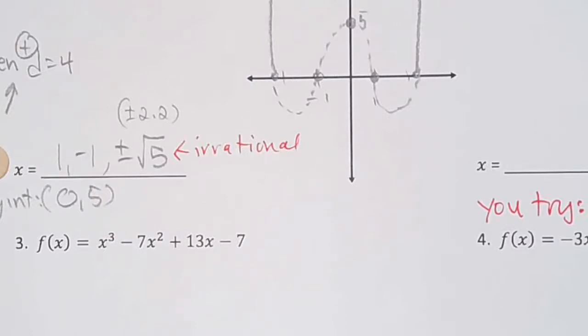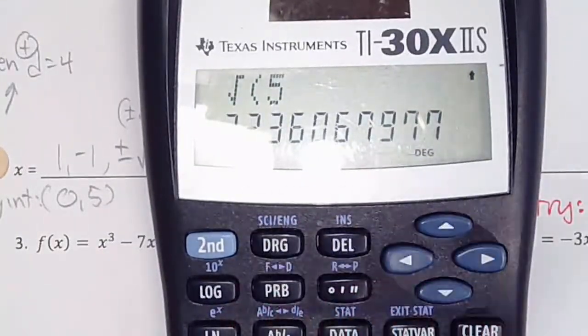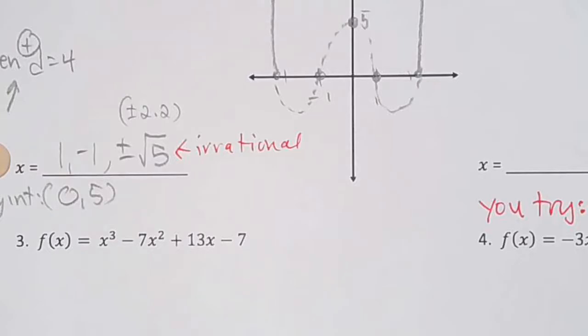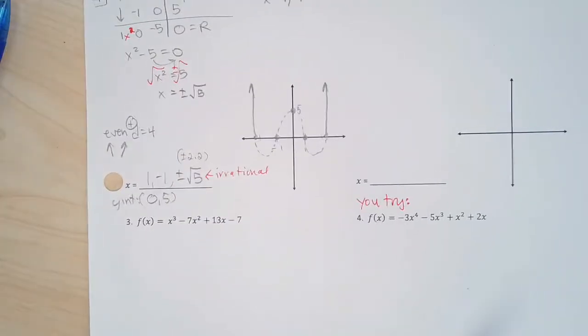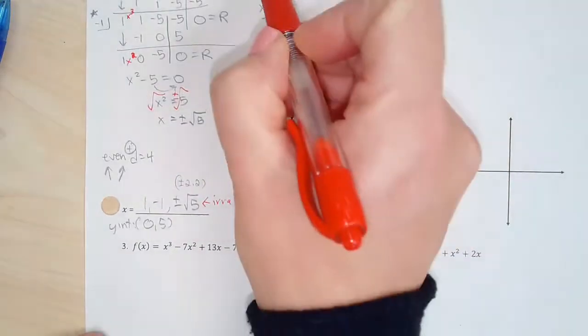It's still rational because it has a decimal that stops. If we go back to the square root of 5 on the calculator, you can see that the numbers keep going, and so that's what irrational is, in an easy sense.